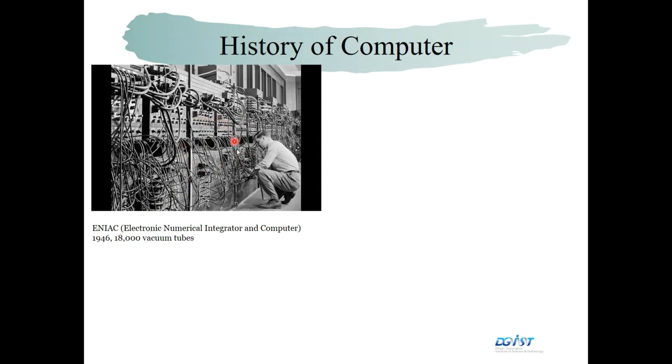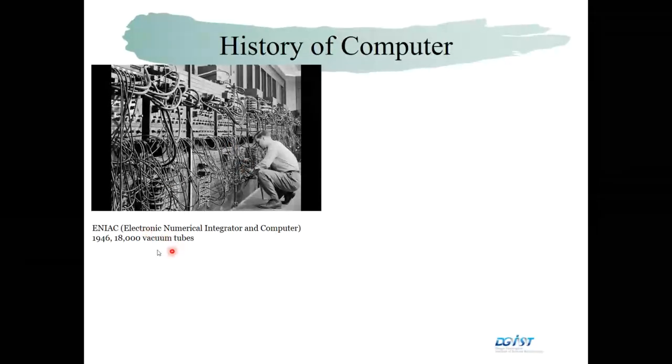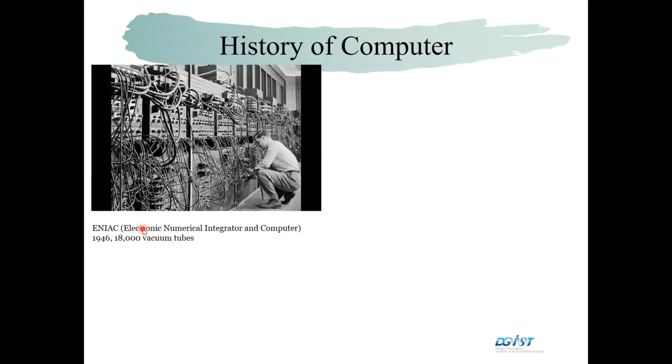As you see here, it's very bulky, and there are a huge number of wires, and these people try to connect the wires, or maybe he is repairing the computer. Anyway, at this time they were using the vacuum tube. This is the ancestor of the transistor, and they consume a lot of power. In order to operate this kind of large machine, you need a separate power plant.